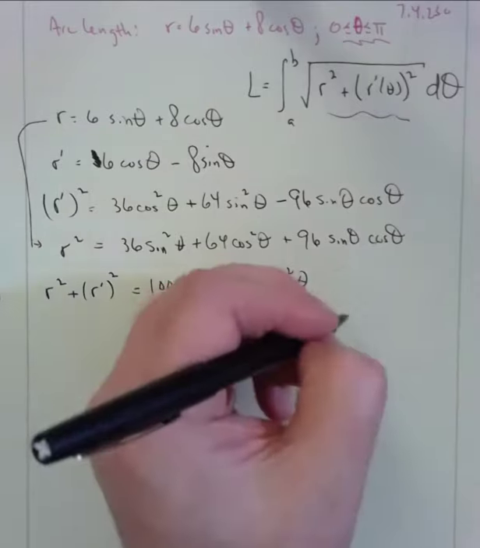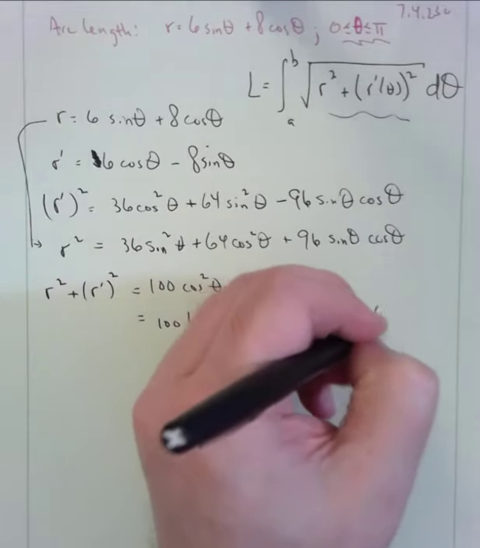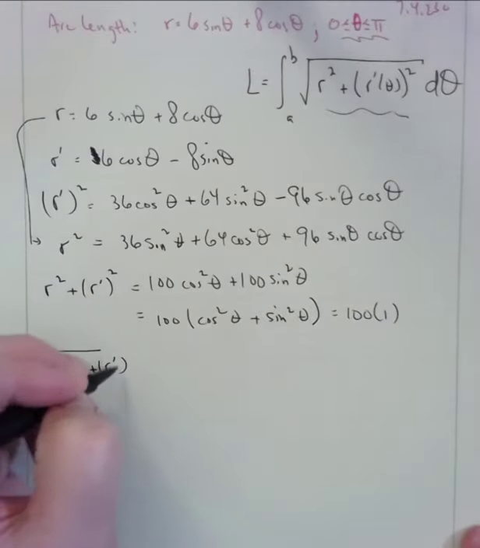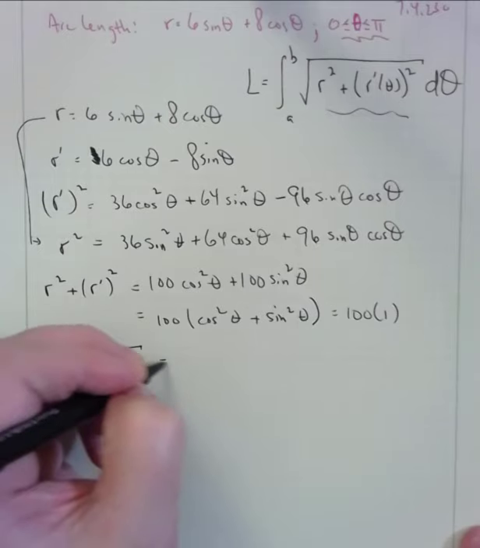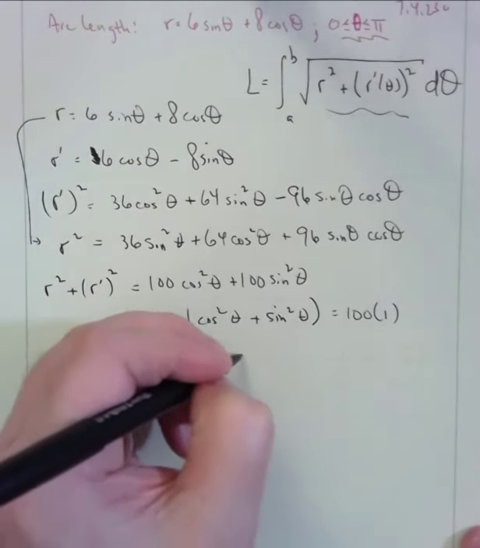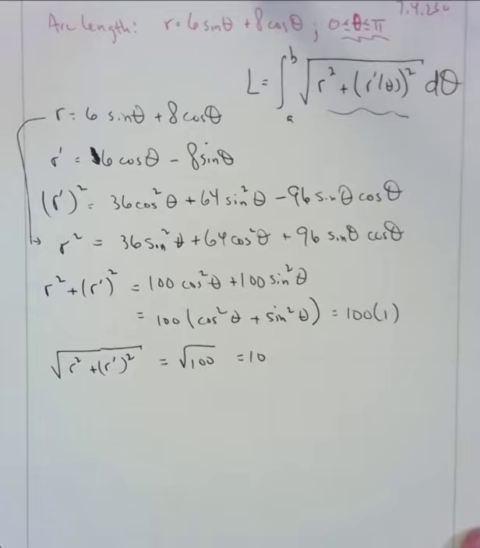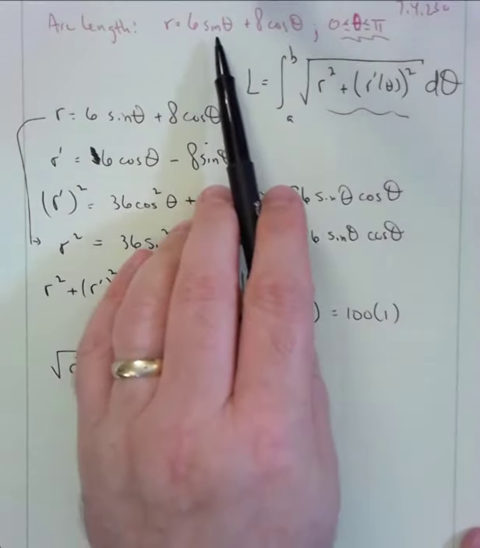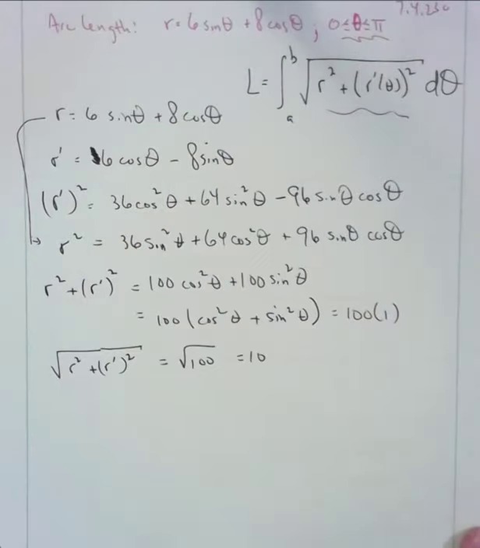Always keep an eye out for trig identities, because this is just 100 times 1. And so the square root of r squared plus r prime squared is just the square root of 100, which equals 10. All right, so you were looking at this formula, and you were looking at that equation for our curve and going, oh my gosh, this is going to be terrible.